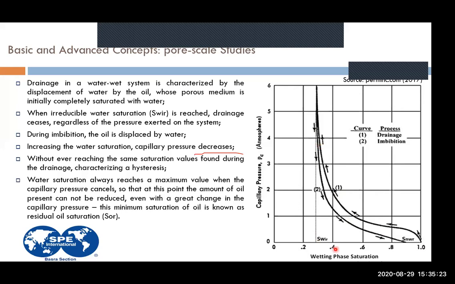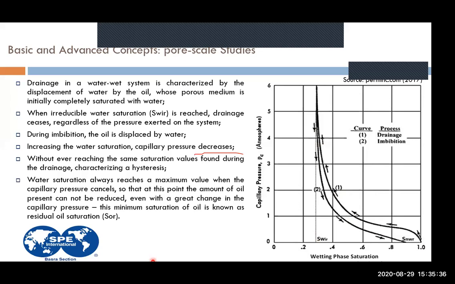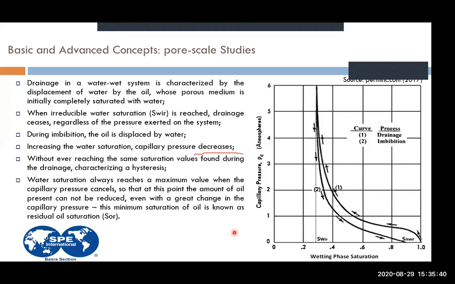Even if you are increasing your capillary pressure, you cannot remove this wetting phase that is trapped in these small pores, due to these high capillary values. It's important when we are performing this, even in experimental or numerical experiments, to get the result here. It's a really important one.